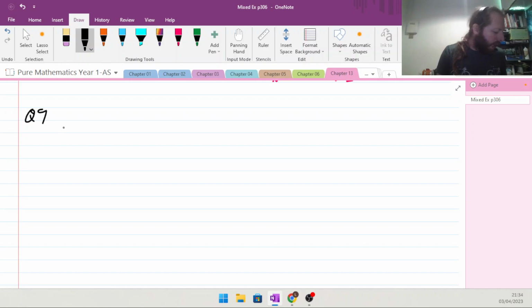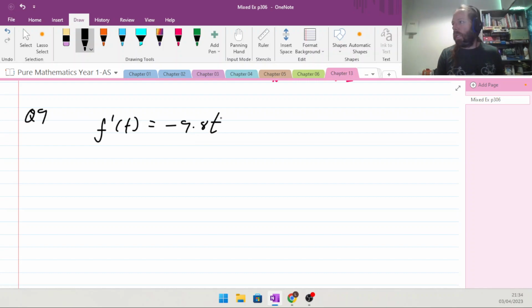Okay, the differential of the function, so f dash t is equal to minus 9.8 t. Looks a bit like gravity. Okay, find the height of the rock above the ground after 3 seconds.